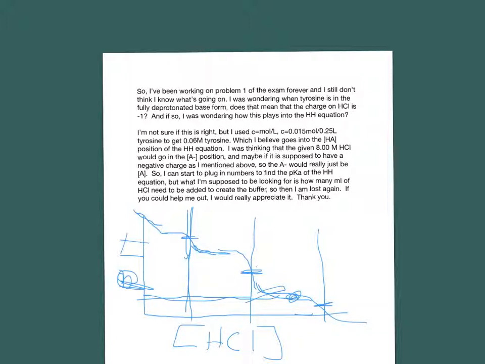So at this first equivalence point, you've added enough HCl to protonate the side chain. Then here you've added enough to protonate the alpha amino. Sorry, I'm doing this on my phone and I'm having trouble here. And then the last one would be the carboxyl group.